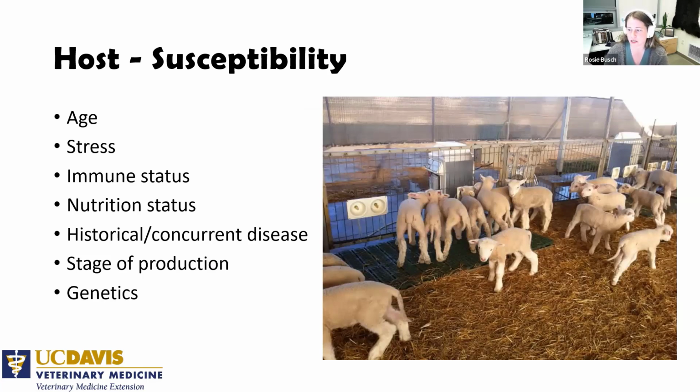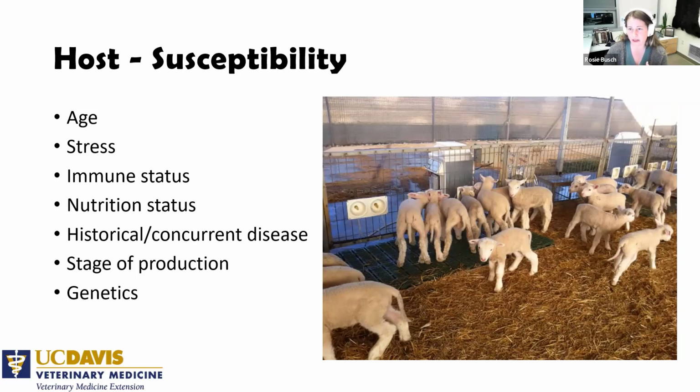Stress can be caused by handling events, but also weather, and we'll get into some of that a little later. Then immune status, so whether or not they got passive immunity from that first colostrum, which is the first milk that comes out of the ewe when they're born. Nutrition status, and then whether or not they have had diseases in the past.